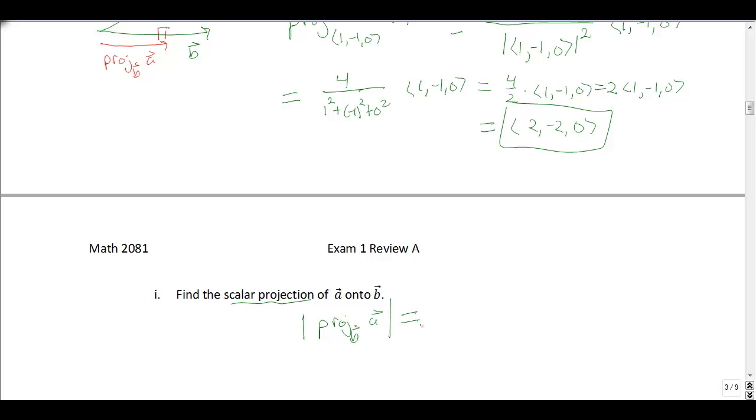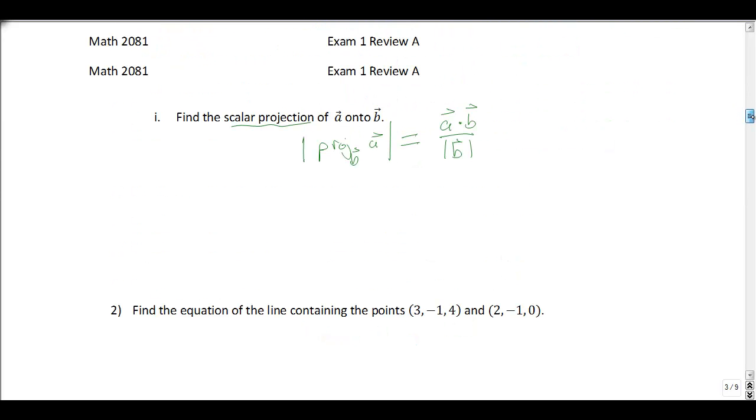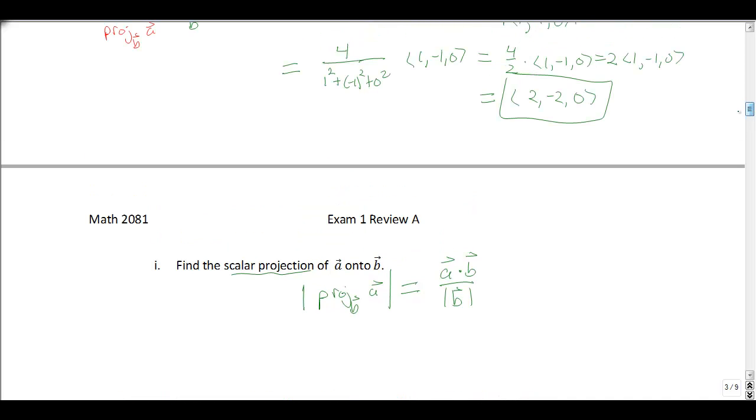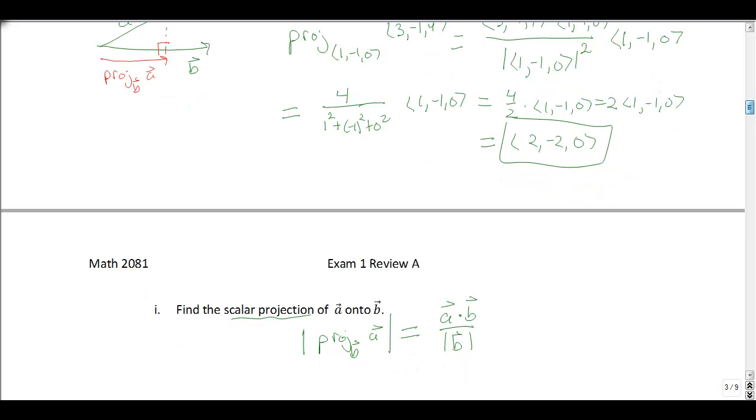Another calculation is a dot b divided by the magnitude of b. Note, not squared like we did up here, but we just have one b there. Essentially, we're using the other magnitude of 1, -1, 0 to get a unit vector here. And we need an absolute value of a dot b as well, because a dot b could be negative.